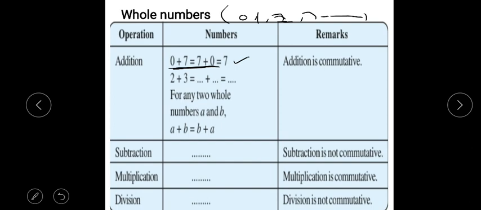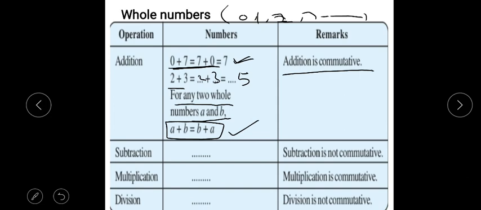Suppose we add 0 and 7, or 7 and 0, the result would be 7. Similarly, if we add 3 and 2 or 2 and 3, the result would be the same. So for any two whole numbers a and b, a plus b is always equal to b plus a. So addition is commutative for whole numbers.